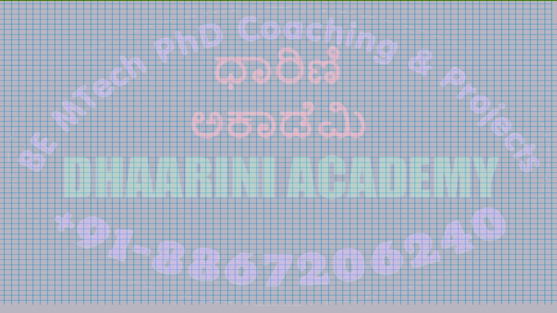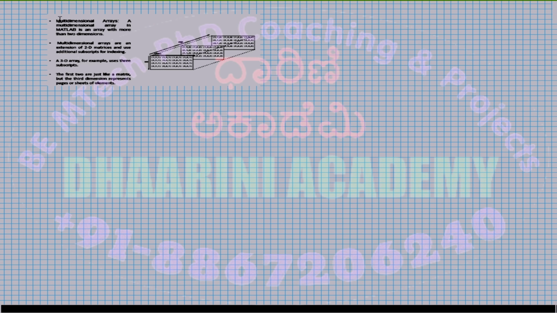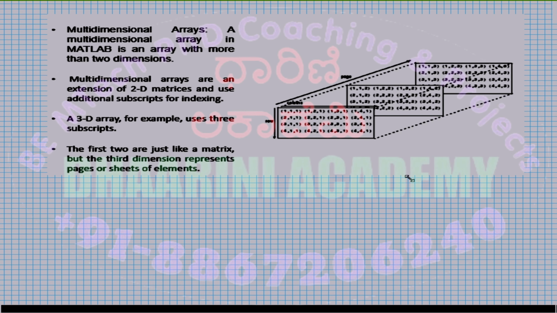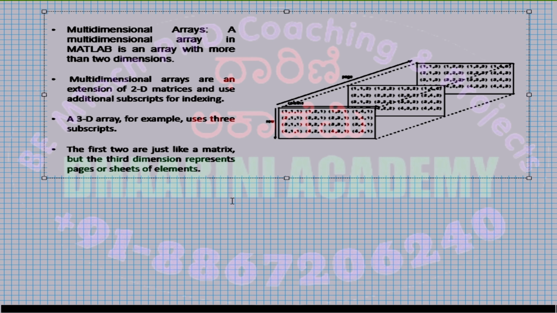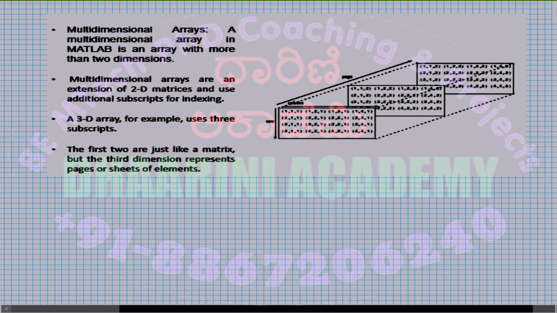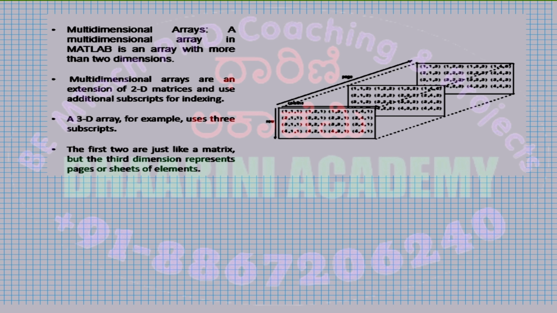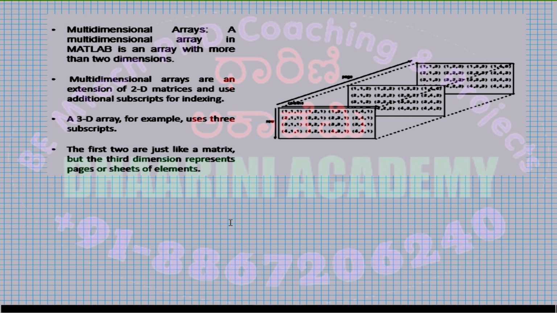Let me paste this. You can see that a multi-dimensional array is one which has more than two dimensions. If the dimensions you consider are more than two, we call such arrays multi-dimensional arrays. You extend a two-dimension to the third dimension, it becomes a 3D array.